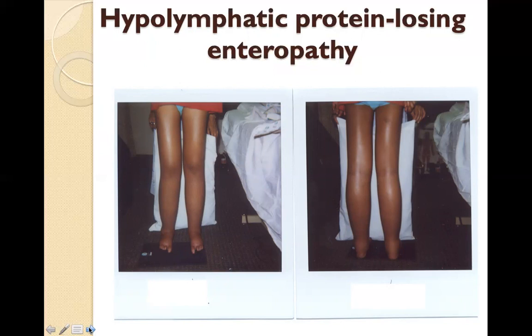But then she also had insufficient development of the gastrointestinal lymphatics. And as you remember, those gastrointestinal lymphatics are very important for picking up proteins and fats and taking them through the cisterna chyli, through the thoracic duct, and emptying them back into the venous angle, back into the bloodstream. And this individual was losing large amounts of those essential nutrients.